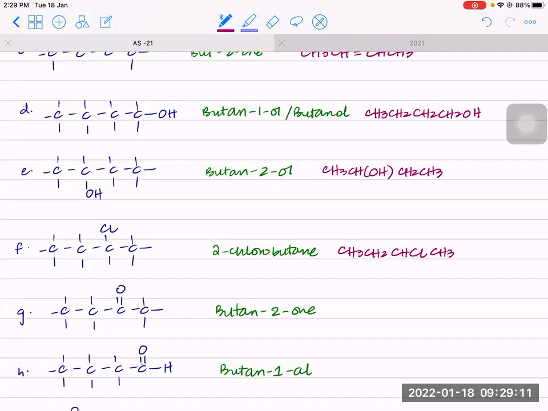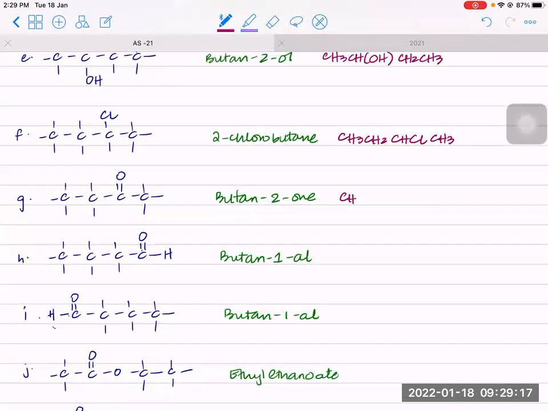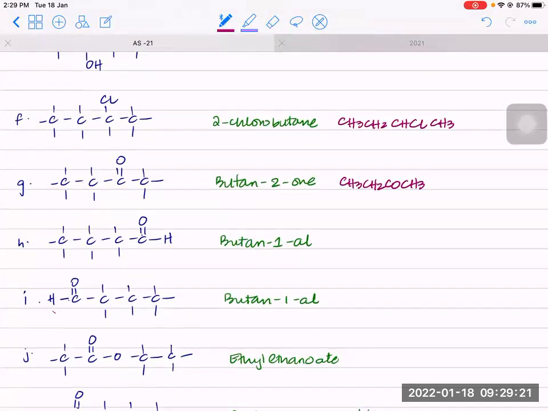The Cl will not go in brackets because it's only one atom. All right. Then you have G, which is CH3, CH2, CO, CH3. H, which is CH3, CH2, CH2, and aldehyde would be written as CHO.